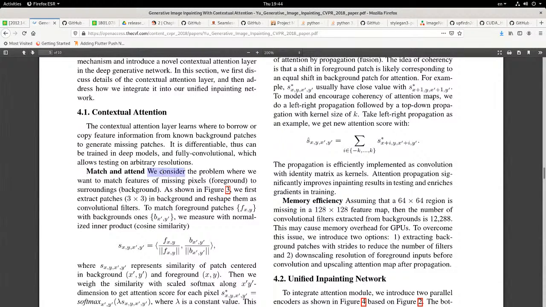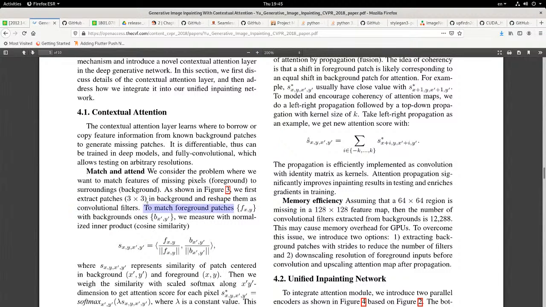Match and attend. We consider the problem where we want to match features of missing pixels, foreground, to surroundings, background. As shown in figure 3, we first extract patches 3 by 3 in background and reshape them as convolutional filters.